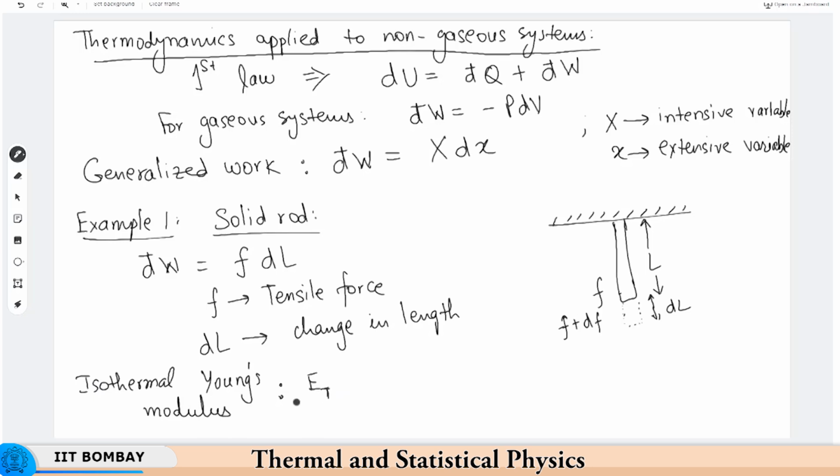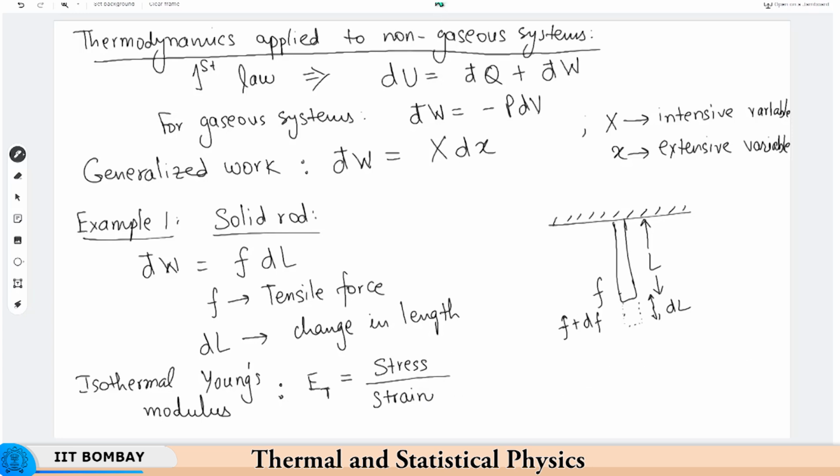ET stands for being isothermal, and the definition of any modulus is basically stress divided by strain, but while the temperature of the system is kept constant.